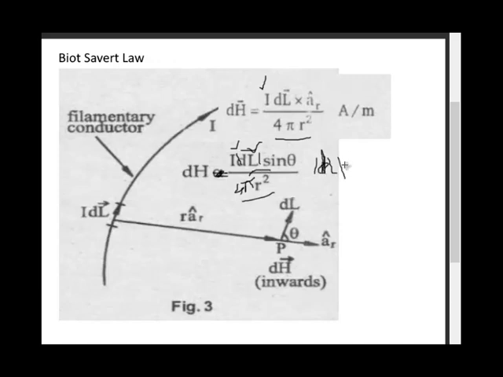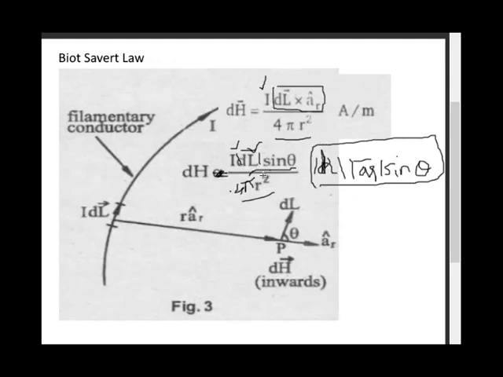If we multiply with the mod of ar, and include sin theta inside here, then this becomes the formula for the cross product I dl cross a cap r. The cross product will result in dl into ar into sin theta into the direction.